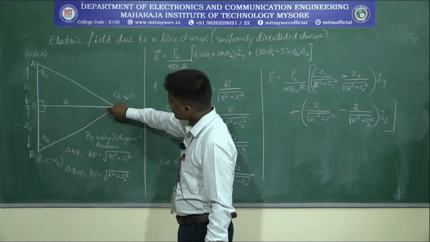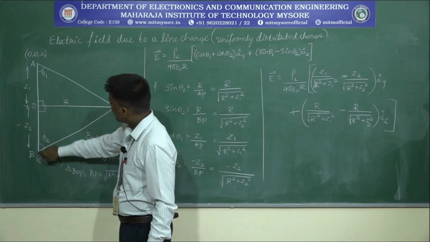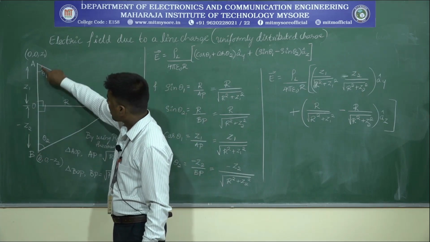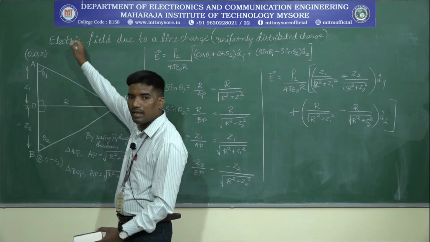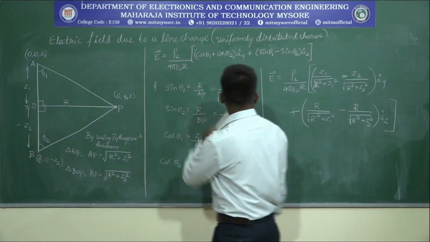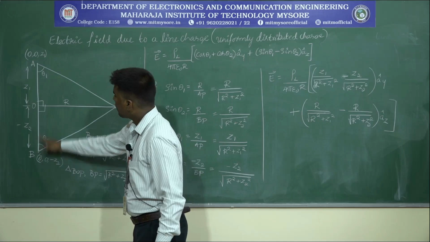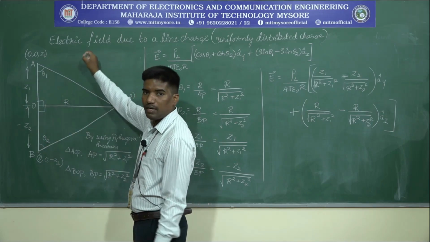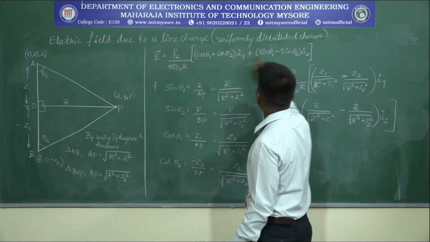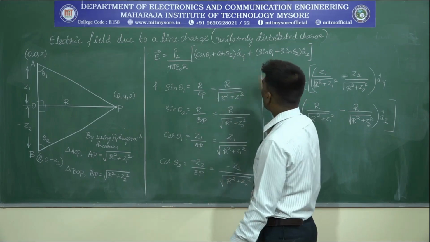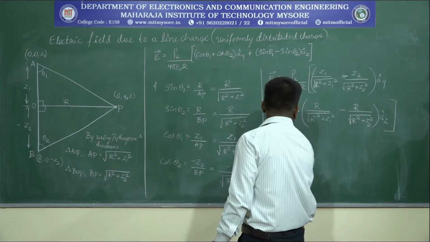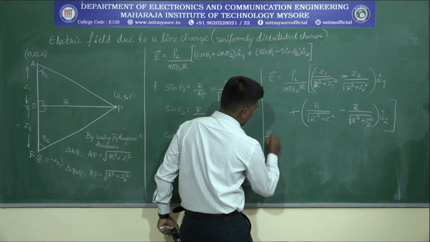There is a special case when the length of this charged wire AB is infinite. What happens to this equation? The consideration is when the length of the charged wire is infinity, then what happens to these two equations? See here, the special case we can consider.